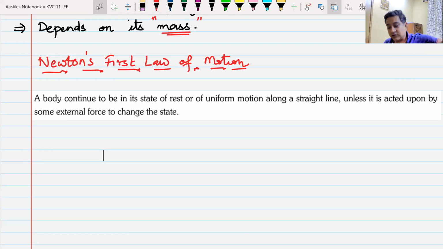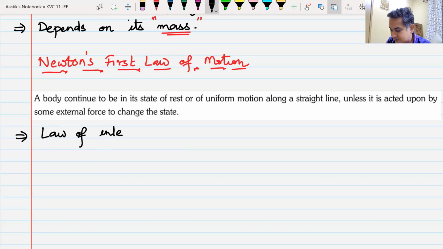This property is known as inertia, and Newton's first law of motion is also known as the law of inertia because it defines the inertia of the body. Do we understand this? Everyone knows this?